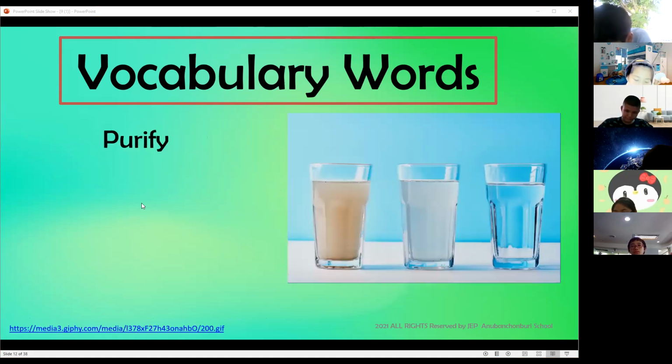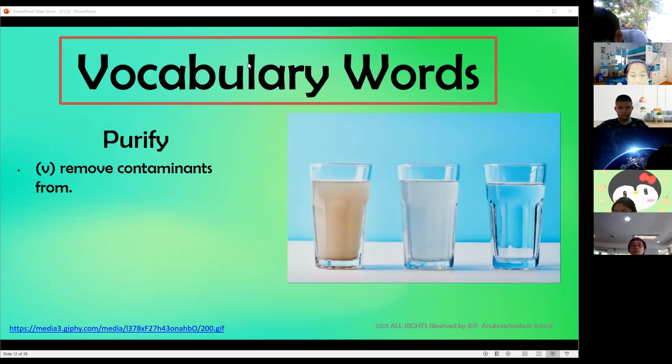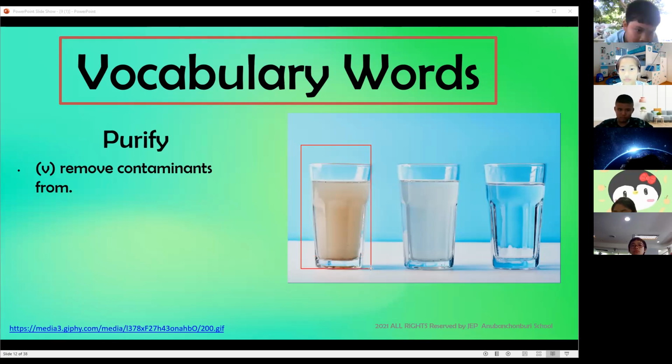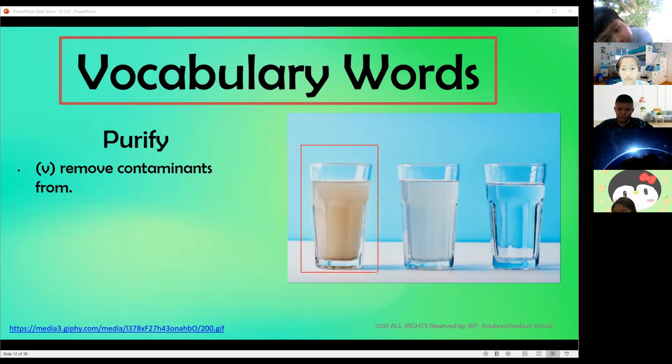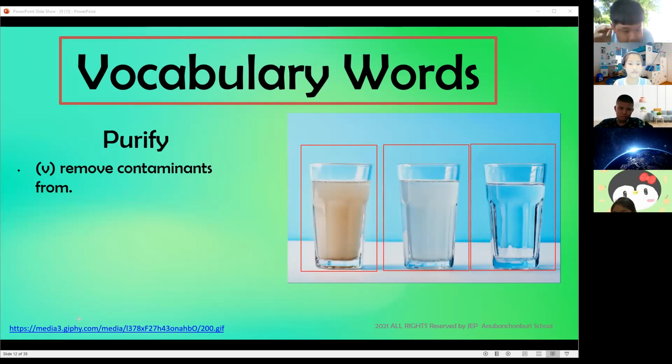Next word is purify. Remove contaminants from. As you can see here, the water is a little bit dirty. Then you try to purify it, it becomes like this. And then you will purify it again until it becomes clean water.